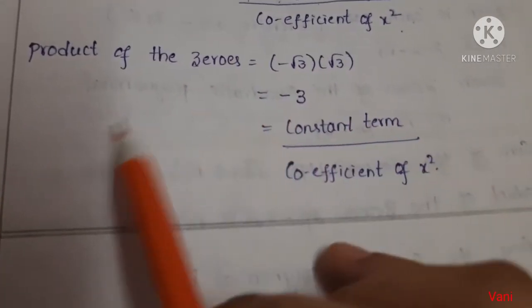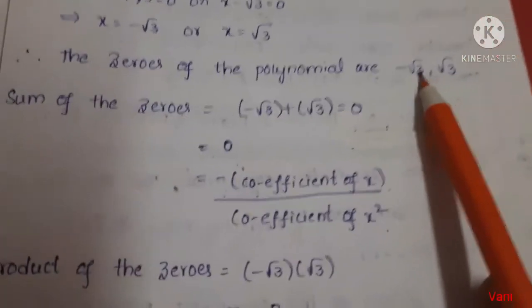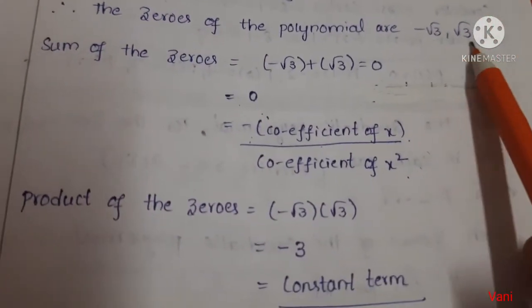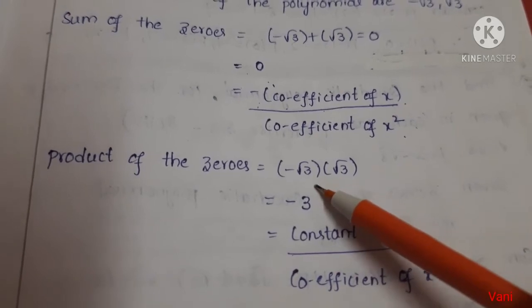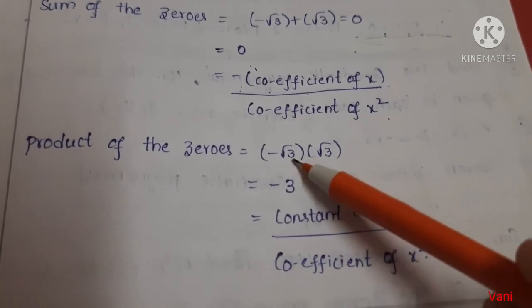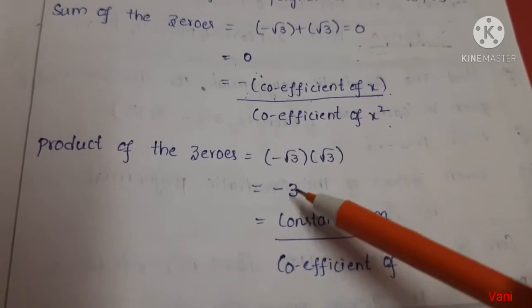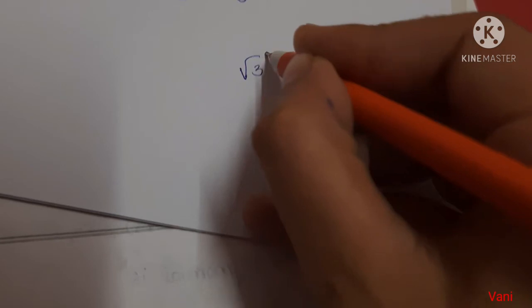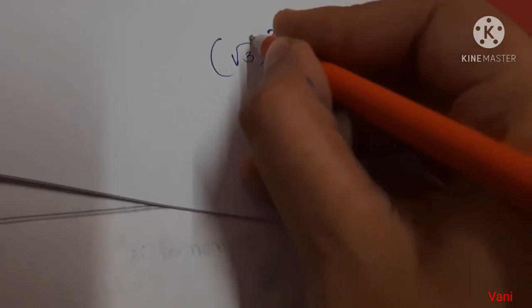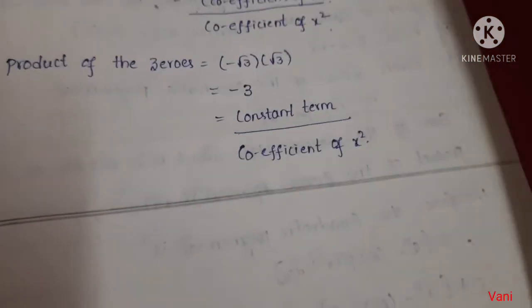Next, the product of zeros. Multiply these two zeros: minus root 3 into minus root 3. Minus into minus gives plus, and root 3 into root 3 means root 3 whole square. Here the square and root cancel, and you will get 3.